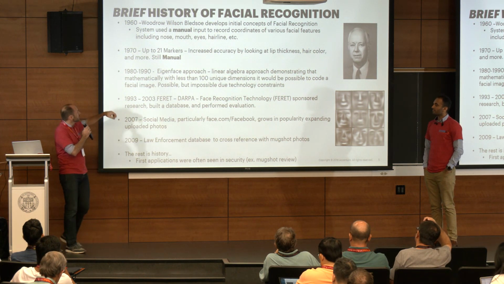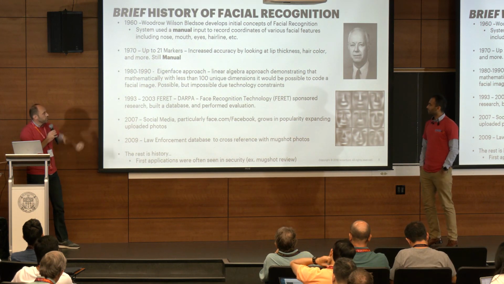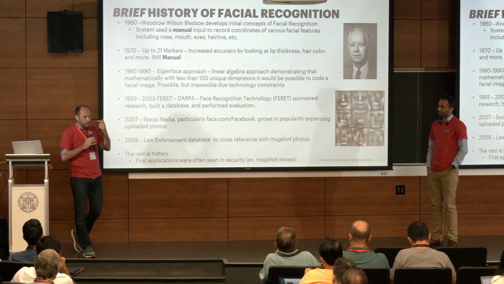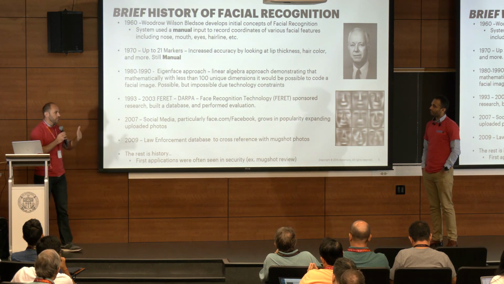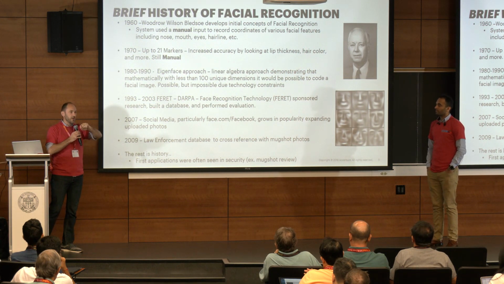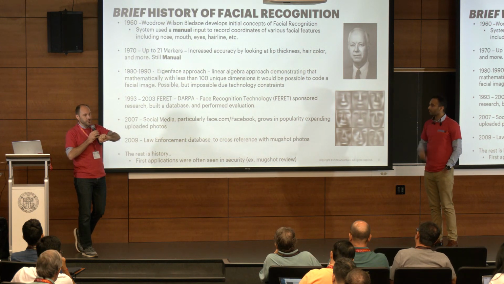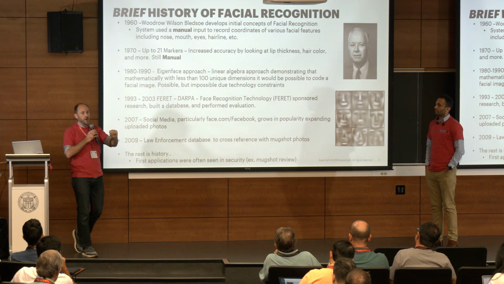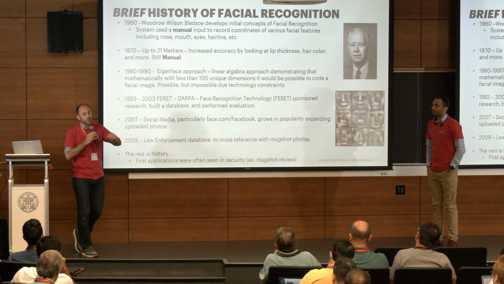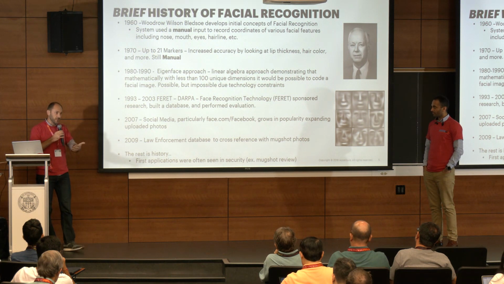We fast forward to the 80s and 90s, and we get this eigenface approach, which looks at it from a different perspective, looking at the dimensionality of a facial pattern on a 2D plane, and was able to find that with less than 100 unique dimensions, you could predictably create a pattern that would recognize an image, or in this particular case, a face.